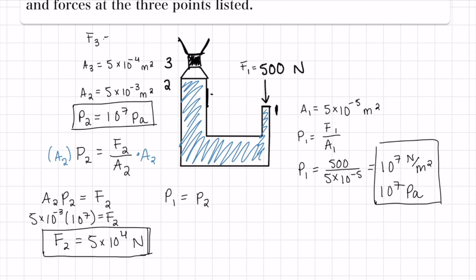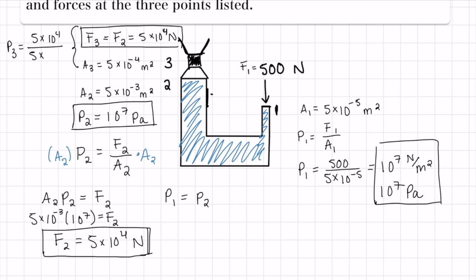So F3 is equal to F2, which is equal to our 5 times 10 to the 4. And then now we can use the force and the area to get the pressure. So P3, 5 times 10 to the 4 over 5 times 10 to the minus 4 will give us 1 times 10 to the 8 pascals.